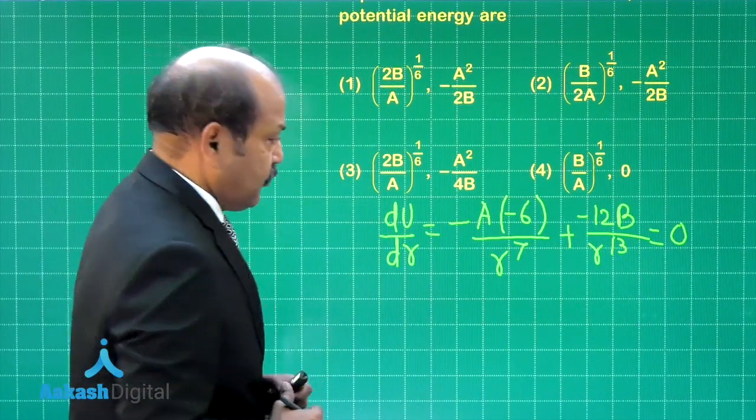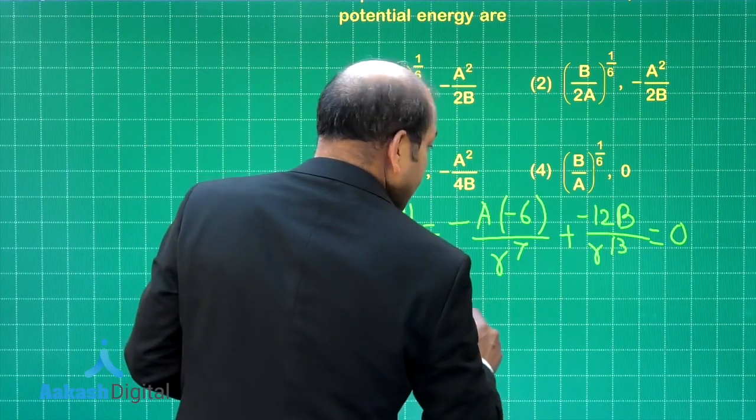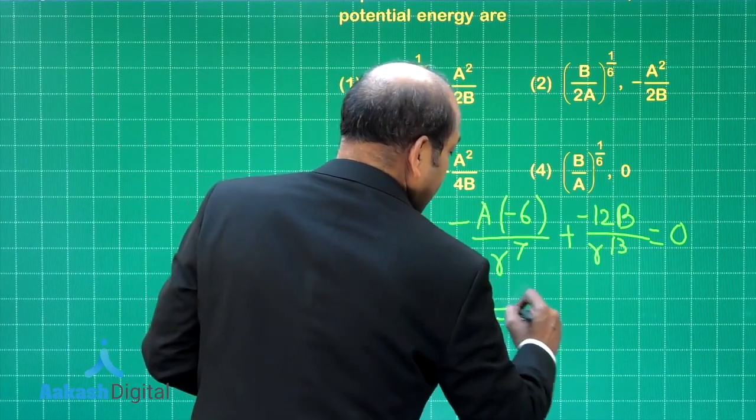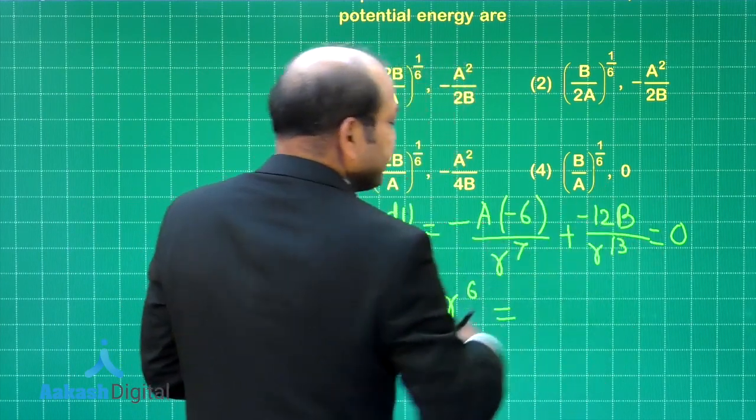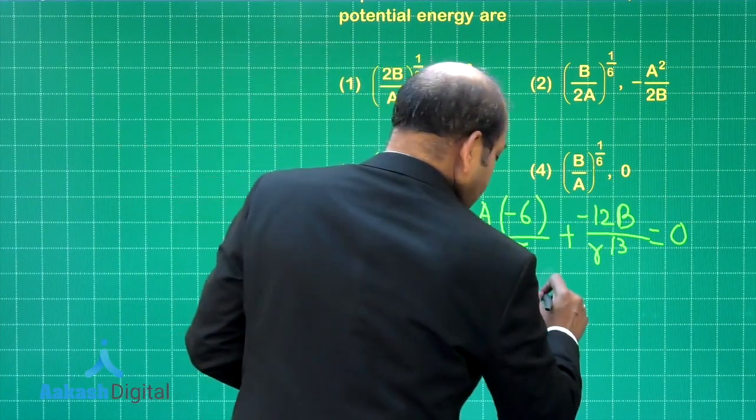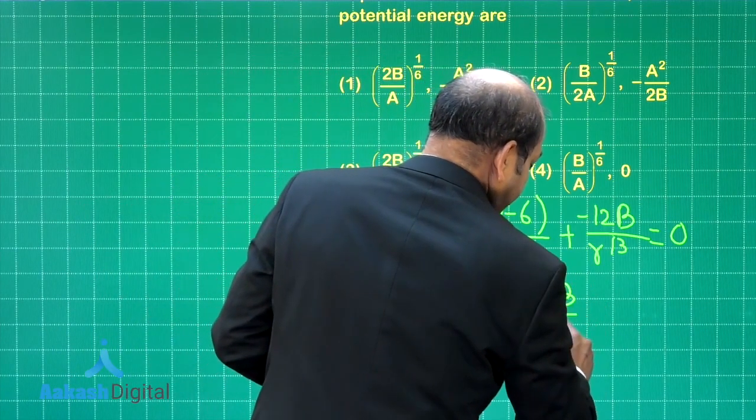Solving for r, what we get is r to the power 6 is coming out as 12b divided by 6a or 2b divided by a.